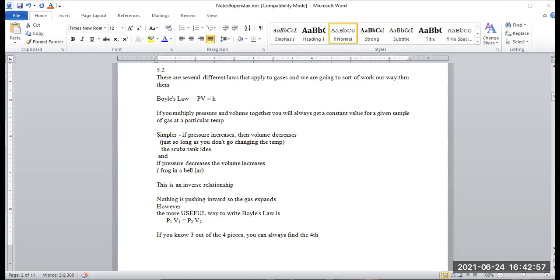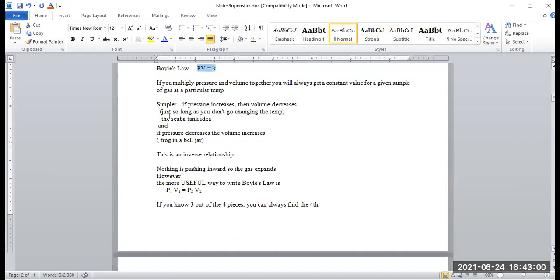So now we get to what I will call the more useful version of Boyle's law. This is the one that you use when you are actually doing the calculations. Note, it looks an awful lot like an equation we saw in one of the previous chapters.